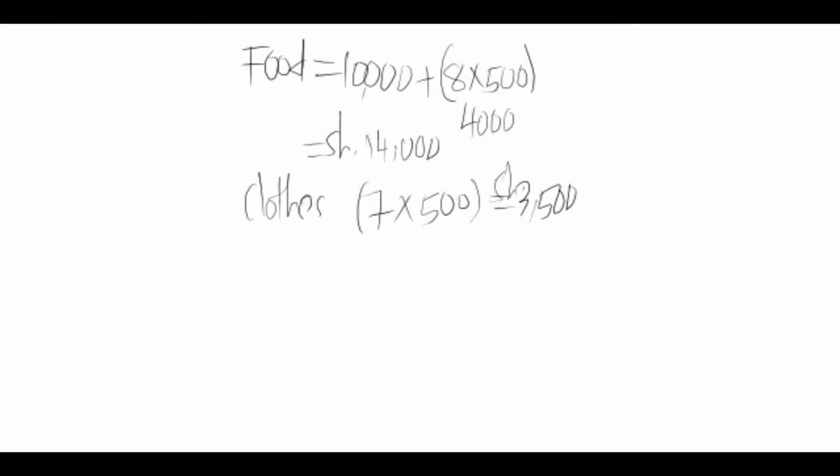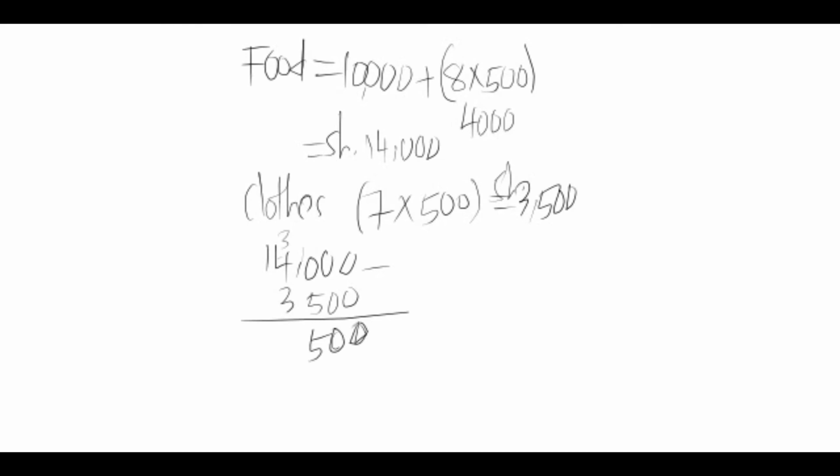Now the question was how much more money does he spend on food than clothes. So we are going to subtract. We have 14,000 shillings spent on food, then minus 3,500 for clothes. We have 0, 0. We borrow from here, so this will be 3. Here will be 10 minus 5 is 5.